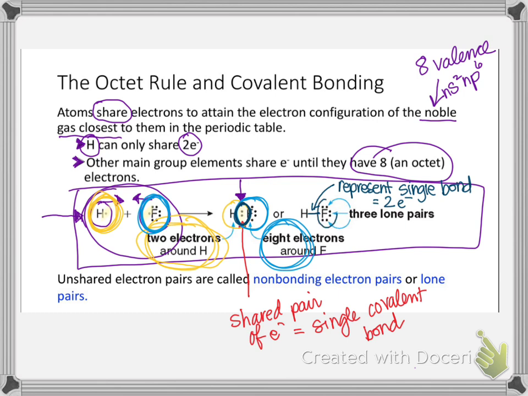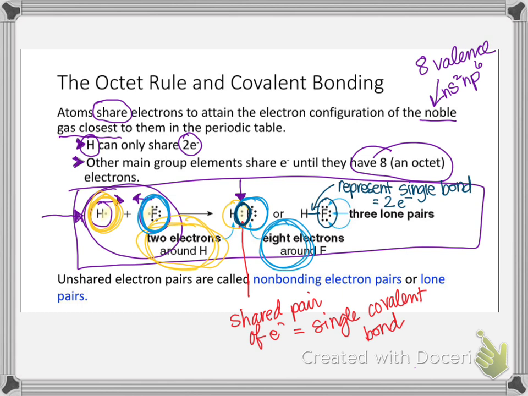Now, the other ones around the fluorine are not bonded or shared with anything. Fluorine brings 7 electrons, but only is sharing 1. So it has 3 pairs that are unshared.